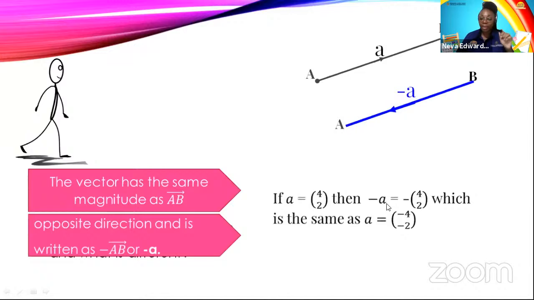Then minus a is the negative of the vector a, which is the minus on the outside of (4, 2). You notice it is saying that this is the same as (-4, -2). Why would the minus in front of the vector (4, 2) be the same thing as (-4, -2)?